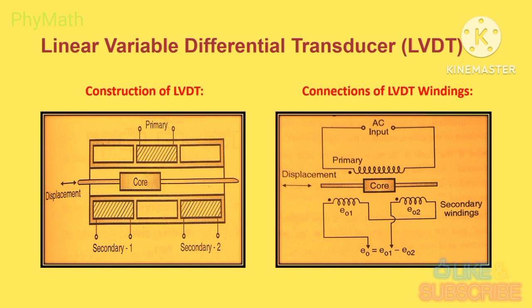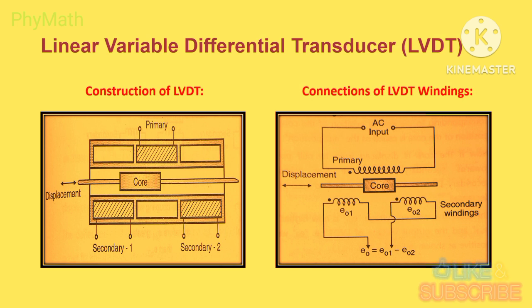These windings are axially placed and wound on a cylindrical coil former, and a rod-shaped magnetic core is positioned centrally inside the coil assembly. This rod provides a low reluctance path for the magnetic flux which links the coils, and the moving object, the displacement of which is to be measured, is coupled to this movable rod.